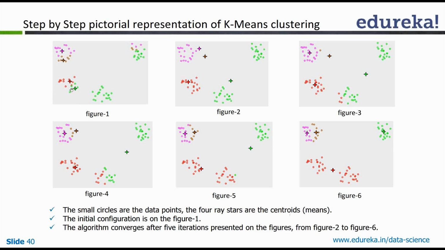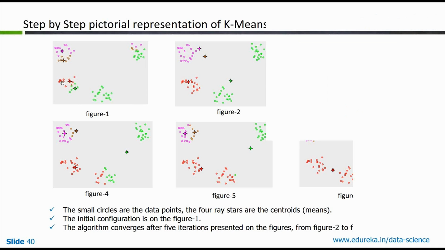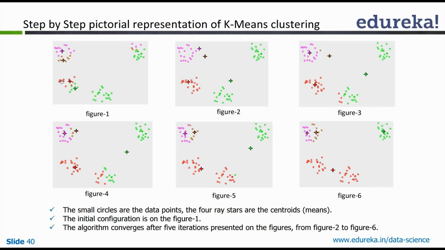The first thing I do is compute the distance of every data point with all the k centers and then assign it to the closest center. In this particular arrangement, all these data points happen to be closer to the green star, so they are given green, and all these data points are closer to the red star, so they are given red, which is to say that these data points belong to this particular cluster center.